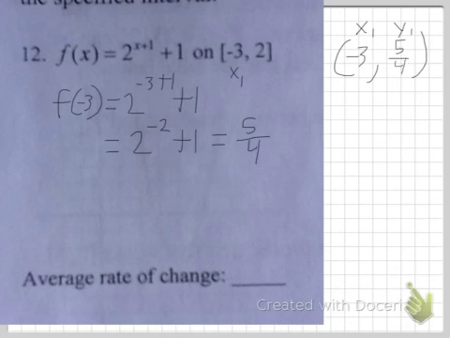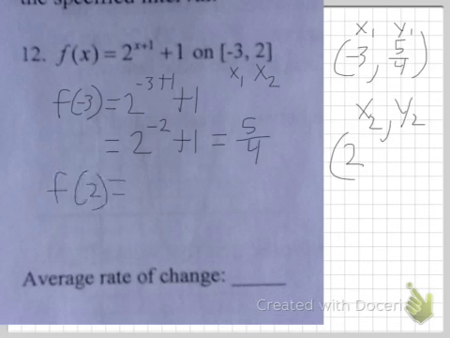To find my x sub 2, y sub 2, I'm going to plug in 2, so f of 2 is equal to 2 to the 2 plus 1 plus 1.